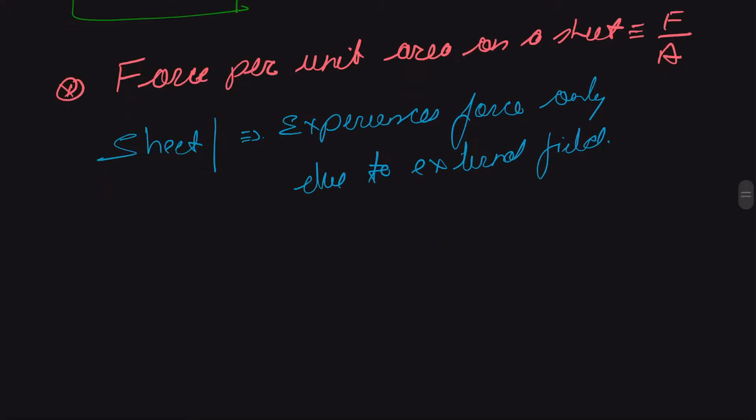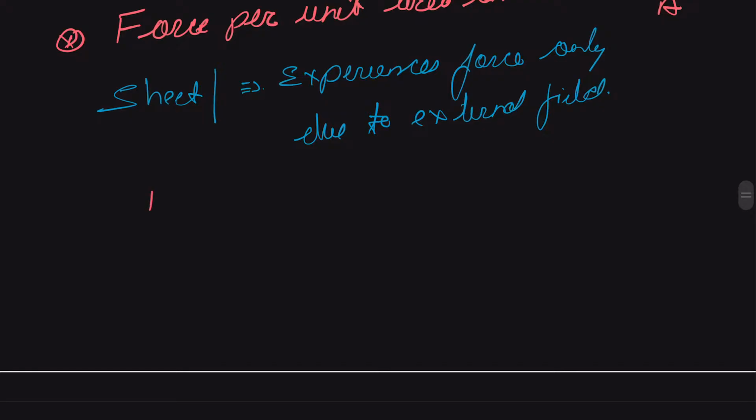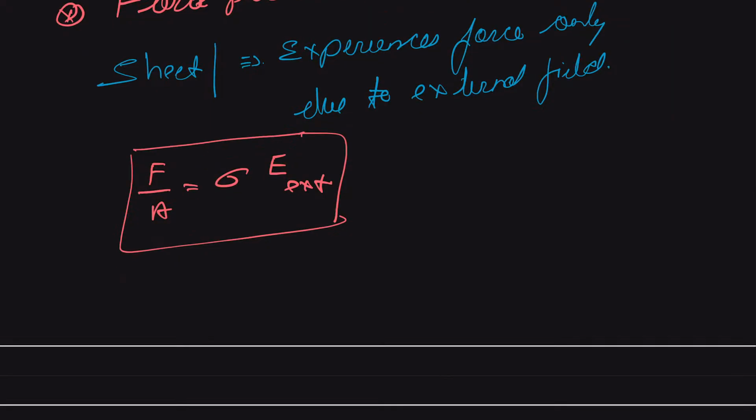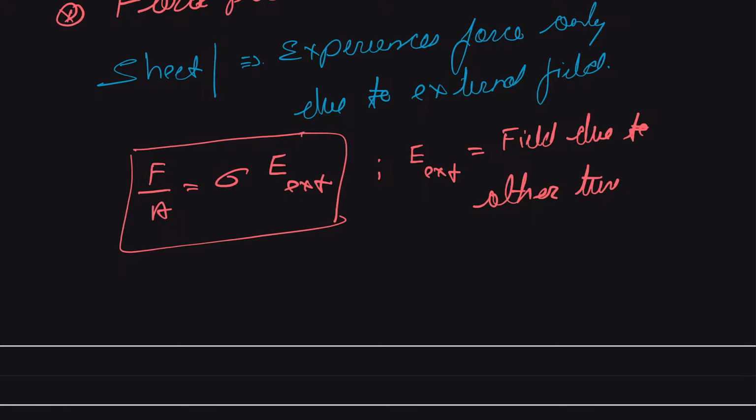It means our F upon A will be equal to the charge density multiplied by the external field. So this is the basic formula which we are going to use. And in this particular case, our external field will be the field due to the other two sheets.